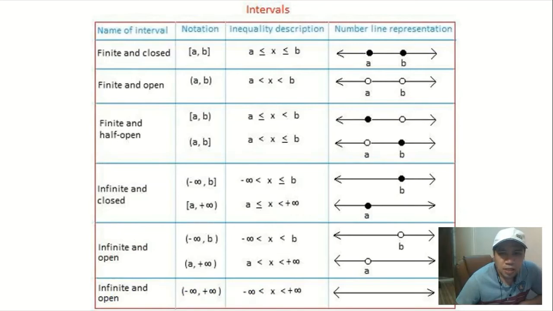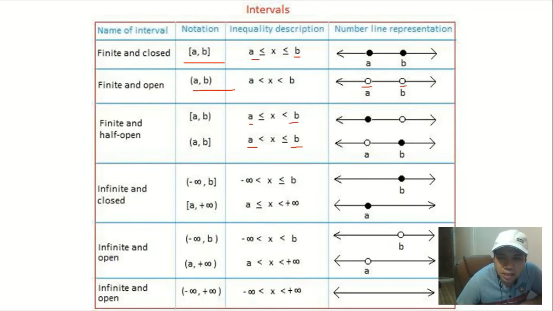So, once again, kapag kasama yung values ni A and B, closed ang gagamitin natin. Kapag hindi kasama A and B, parenthesis. Kasama si A, pero hindi kasama si B, or hindi kasama si A, pero kasama si B. Ito, less than equal. So, ibig sabihin, kasama mismo yung value.